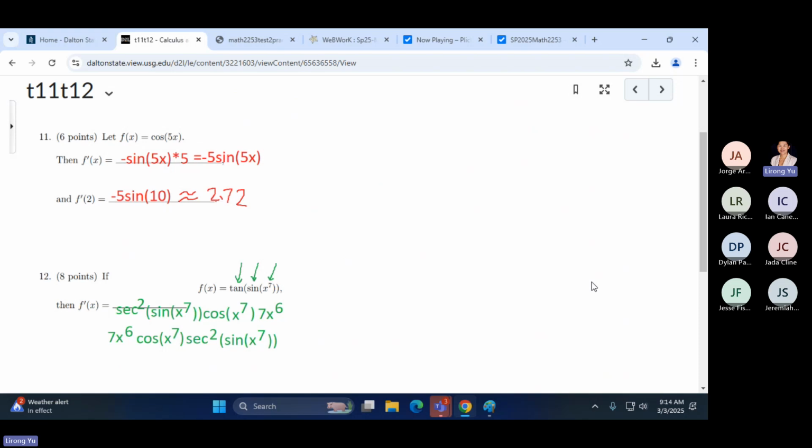So that's the chain rule. Now for question 12, the outside is tangent. The derivative of tangent is secant squared. And then everything else you copy. And the second layer is sine. When you differentiate the sine, the derivative of sine is cosine, but you want to keep the inside. And then when you're differentiating x to the power 7, you assume the outside layers have been peeled off.